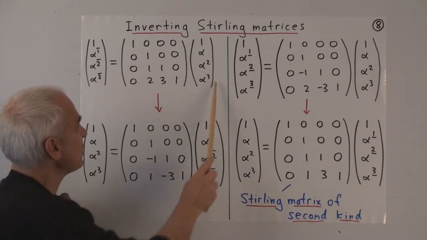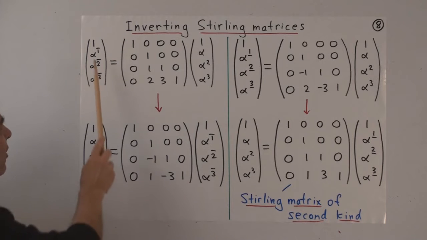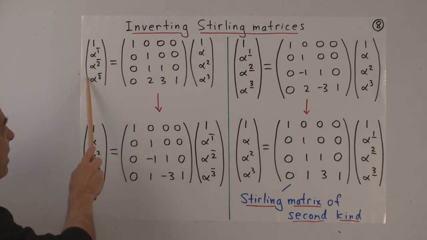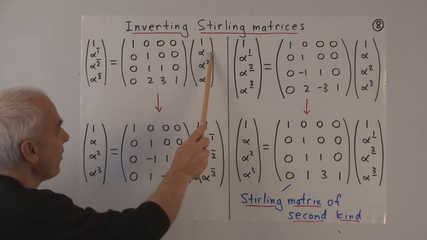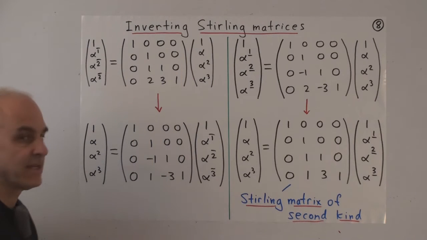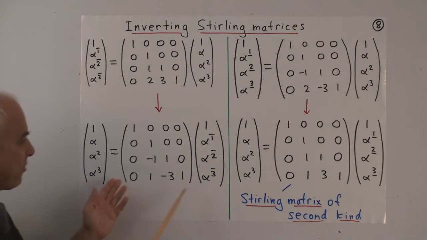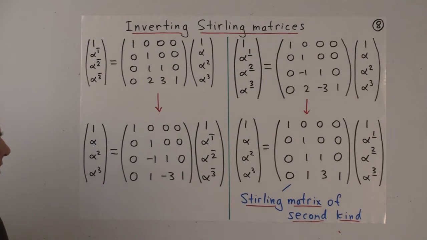So here's our favorite case of degree 3 or less polynomials. And here are our rising powers expressed in terms of our standard powers. And here's the Stirling matrix that does that conversion for us. So you can compute what the inverse of this matrix is. Okay, and I've computed it there for you.